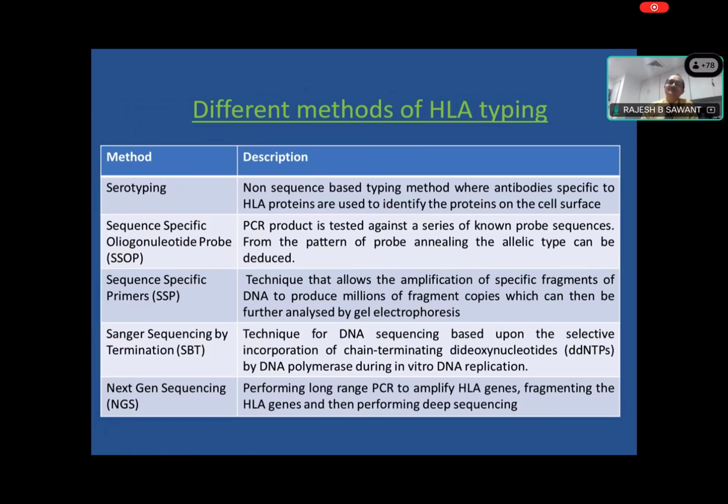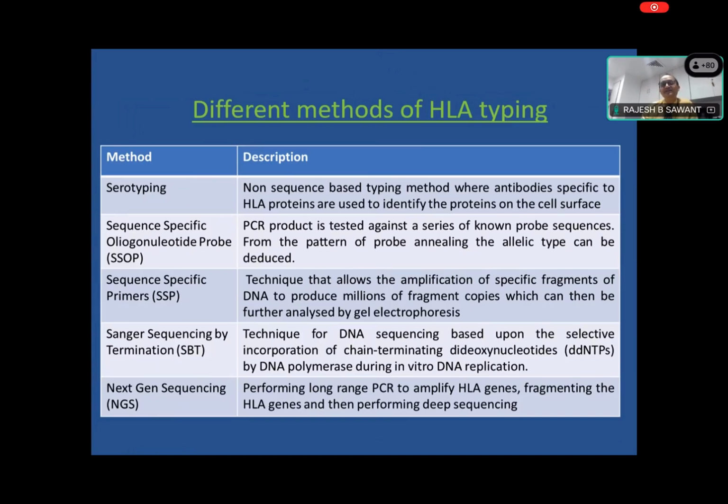Then very soon we had the SSOP, that is sequence specific oligonucleotide probe, where the PCR product is tested against a series of known probe sequences. And then from the pattern of the probe annealing, the allelic type can be deduced. Also, there is SSP, which is sequence specific primers, or you have Sanger based typing, sequencing by termination.